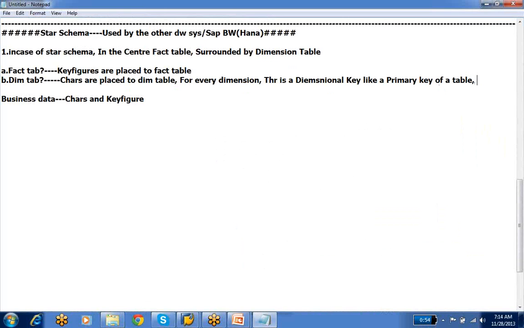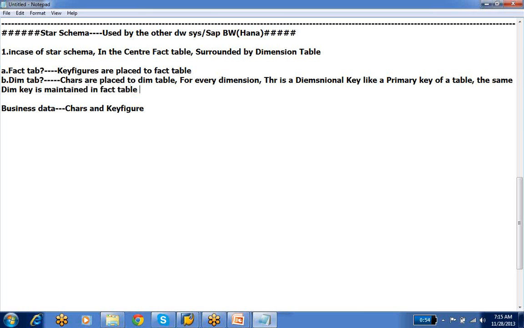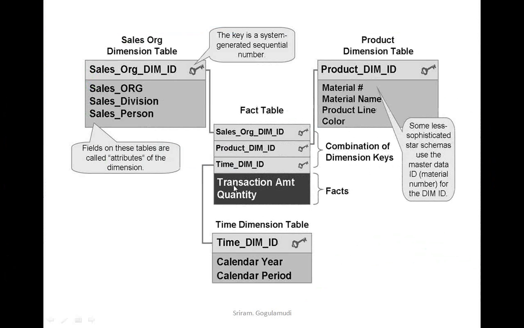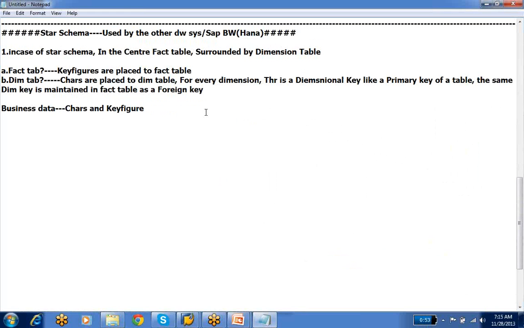And the same dimensional key is maintained in the fact table as a foreign key. You can see here, product dim ID placed in the fact table as a foreign key. Sales org dim ID placed in the fact table as a foreign key. Time dim ID placed in the fact table as a foreign key.